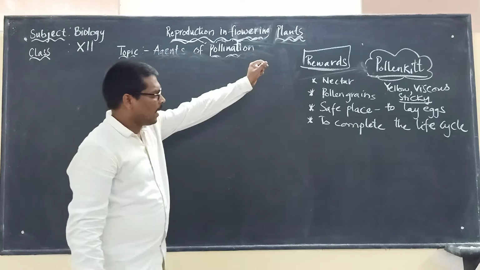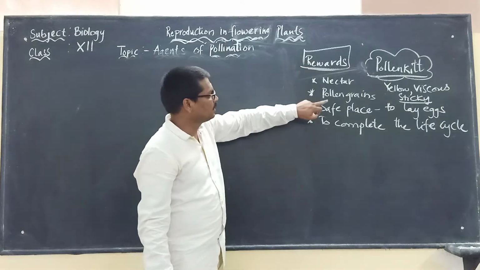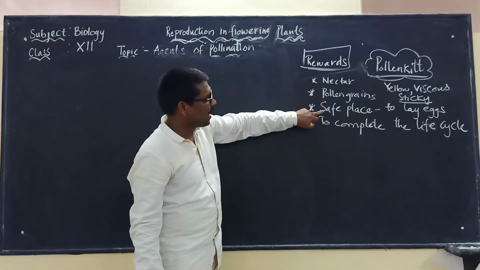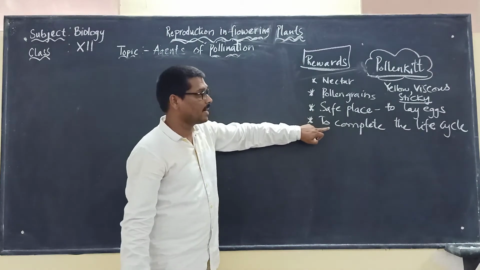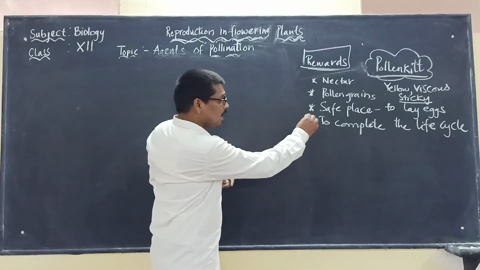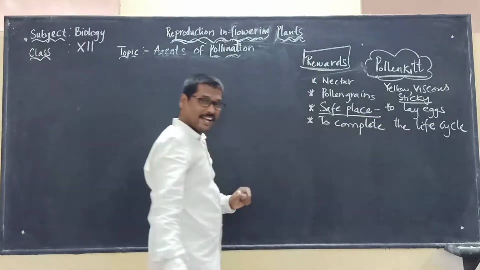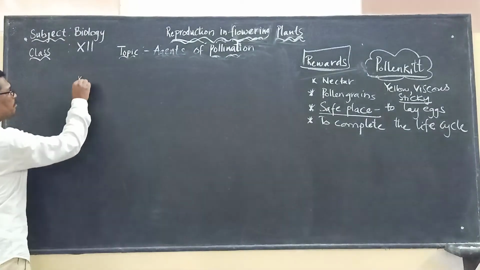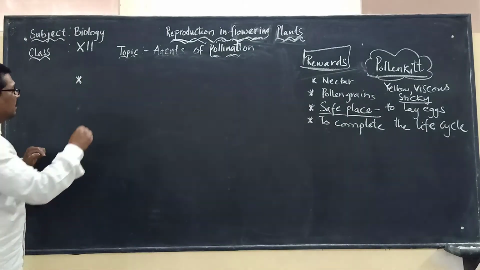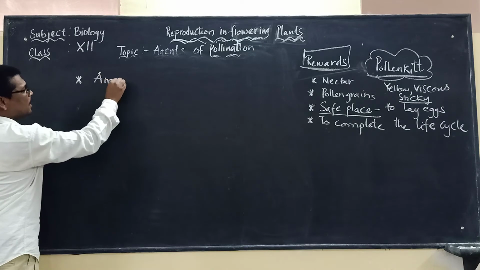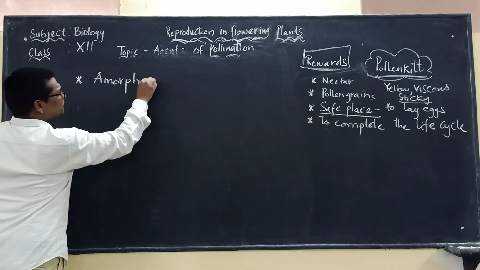So here, as we said, the rewards are what? The nectar, pollen grains and a safe place to lay eggs and to complete the life cycle. Now if you are taking the safe place to lay eggs, there is one very important plant that we have to keep in mind. The name of that flower is Amorphophallus.